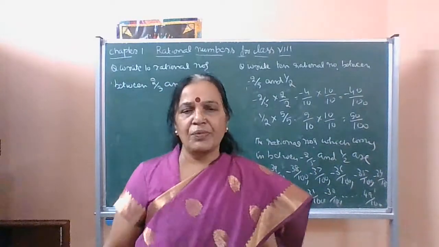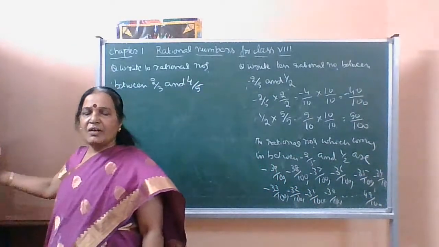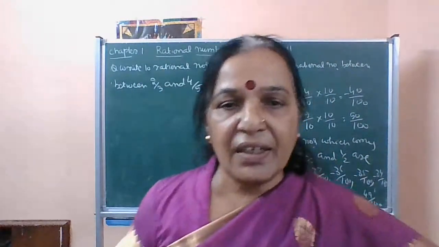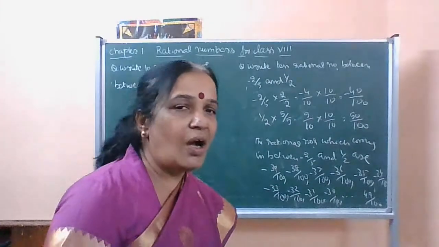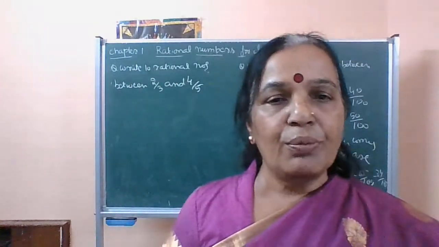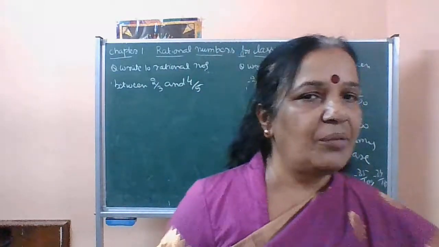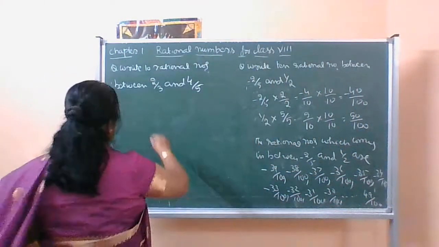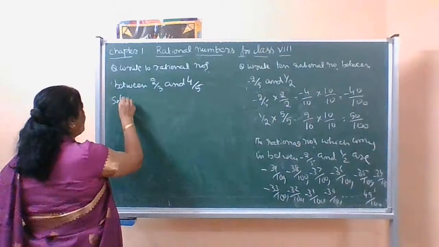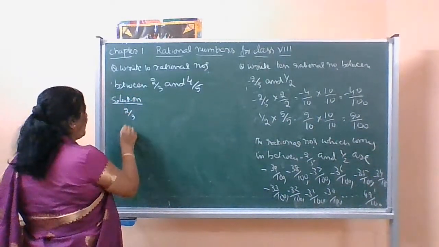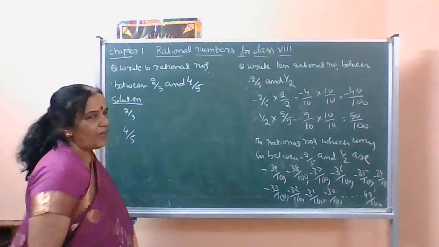What is the first step? First, make the denominator the same by finding the LCM, or by multiplying numerator and denominator by the same number. That means first you write 2 by 3 and then write 4 by 5.